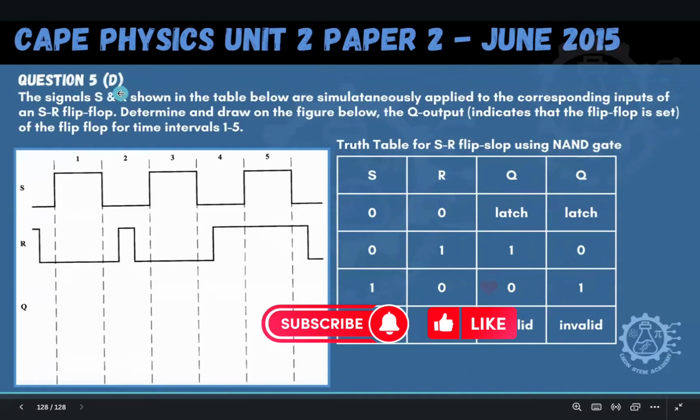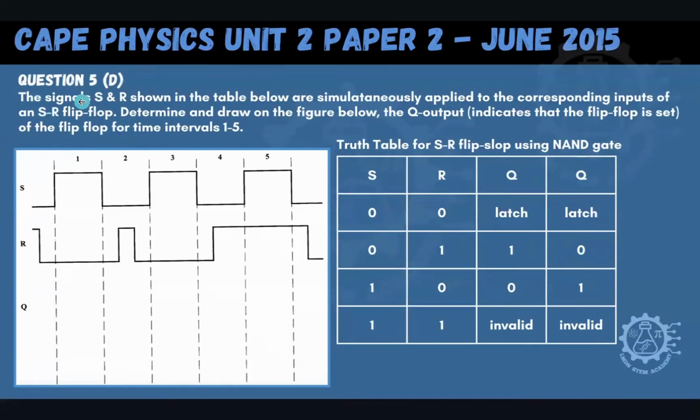So 5D now, the last part of this question says the signals S and R, so that's your set and your reset signals, shown in the table below. Well, actually, this is the figure that we're looking at, are simultaneously applied to the corresponding inputs of an SR flip-flop. Determine and draw on the figure below the Q output.